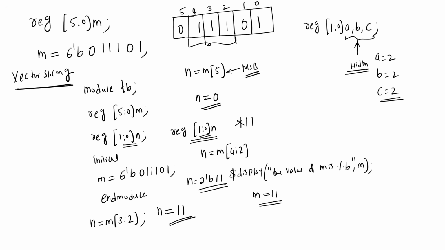Next, suppose, let us take, okay, next slide I'll go. Suppose module TB, range 1 down to 0 A semicolon B semicolon. Okay.